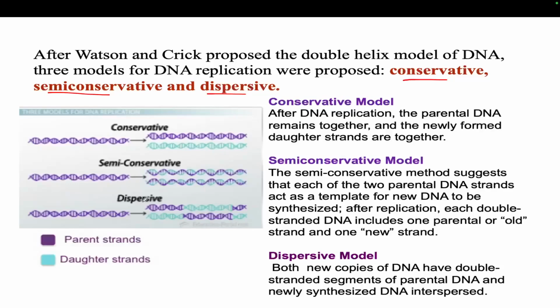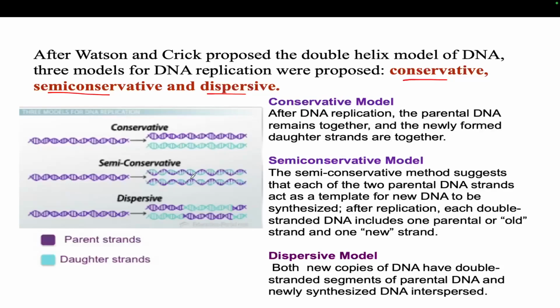In the dispersive case it is more like conservative, but the parental strand is broken into small pieces, and each piece works as a template for the synthesis of the next part of the DNA. So these are the three proposed models of replication.